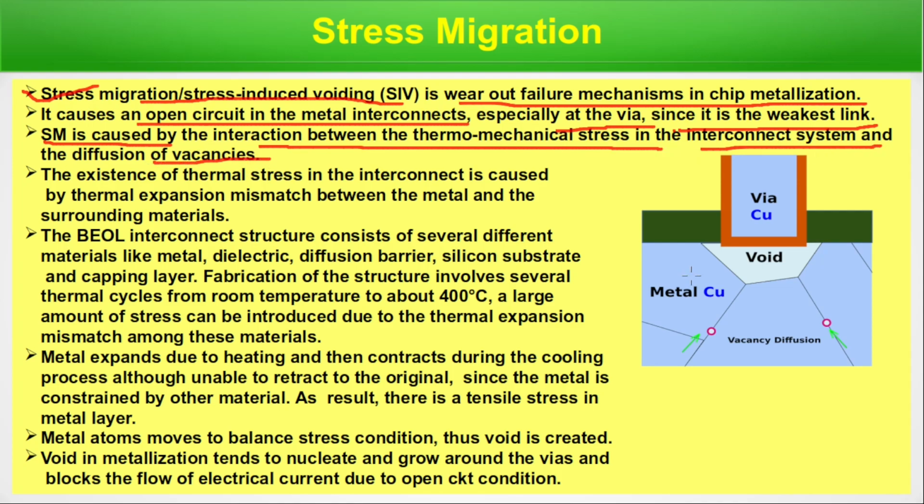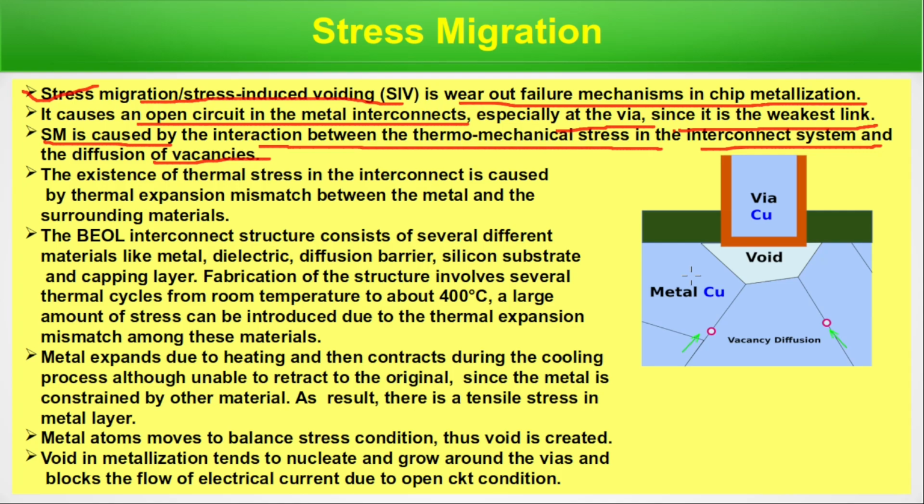During fabrication, we fabricate layer after layer. The whole process needs to go through many thermal cycles. For these steps, the temperature goes to a high level, then cools down, then again goes to a high level. There are multiple metal layers, not only a single one, so those metal layers go to high temperature and cool down again.